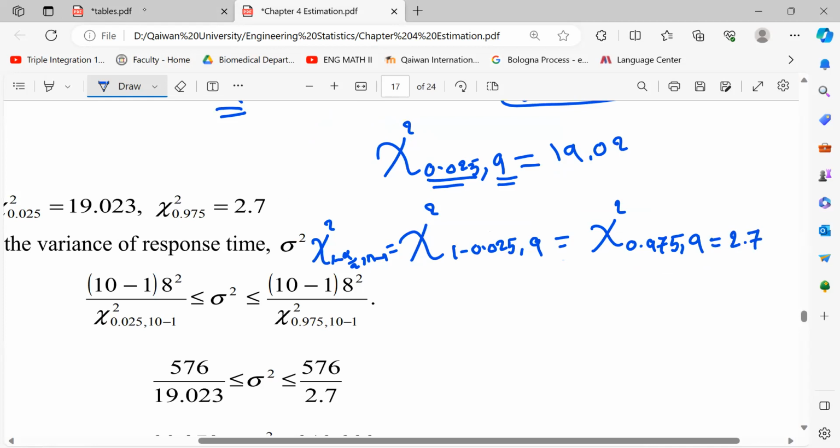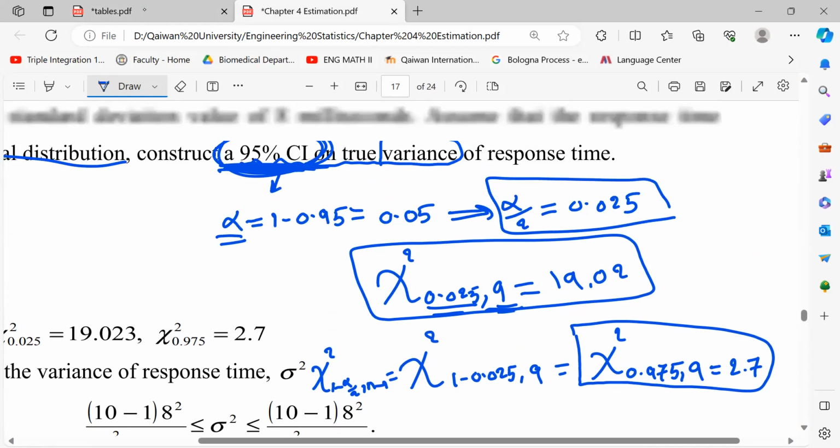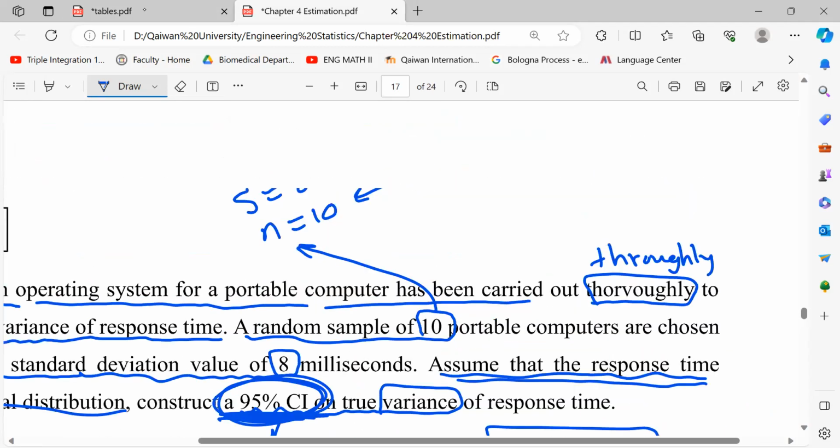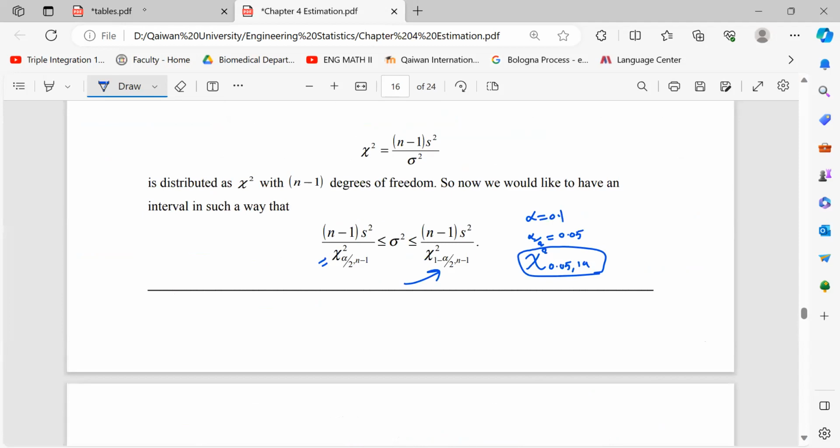We now have chi-squared of alpha over 2 and n minus 1, and chi-squared of 1 minus alpha over 2 and n minus 1. We have these two. And we already found both s and n. We just plug it in here. This is 19.02.